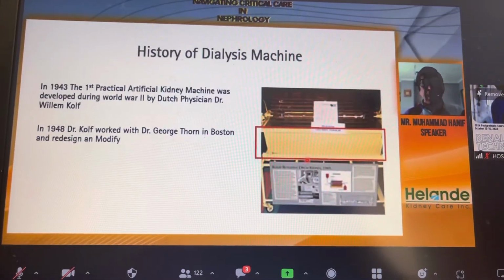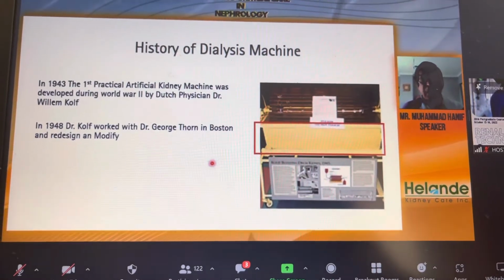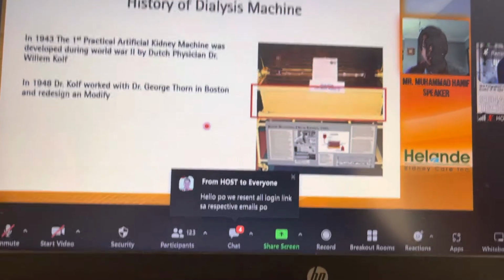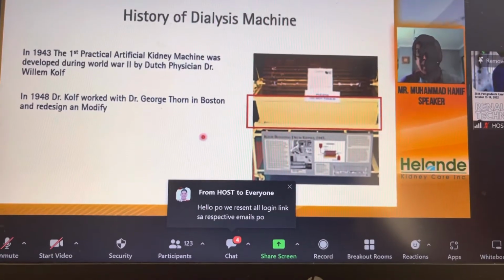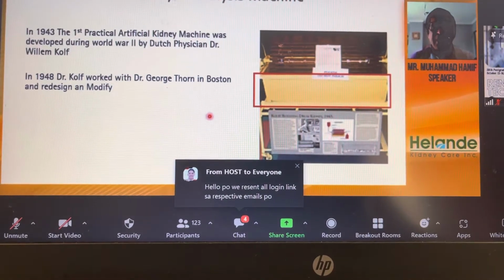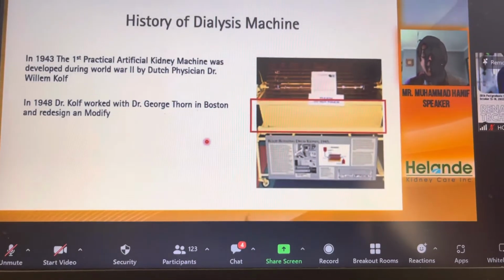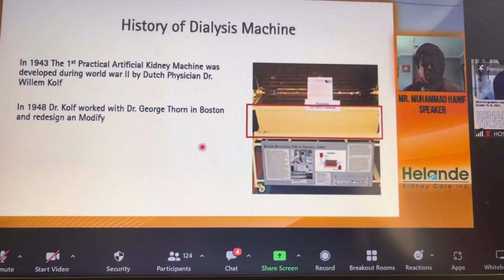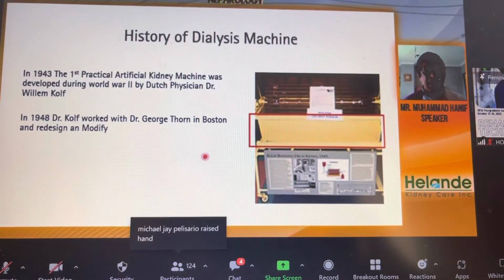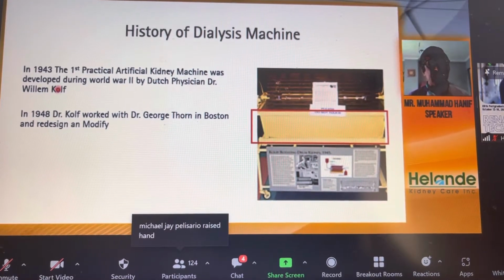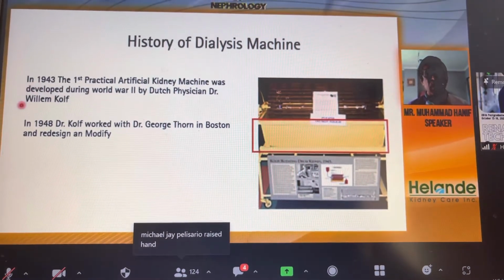Now let's understand, before we go further, I would like to share with you a history of the dialysis machine, so you will understand the difference between the dialysis solution in the past and at present. Everybody knows, I am pretty sure, that the first practical artificial kidney machine was developed in 1943 during World War II.